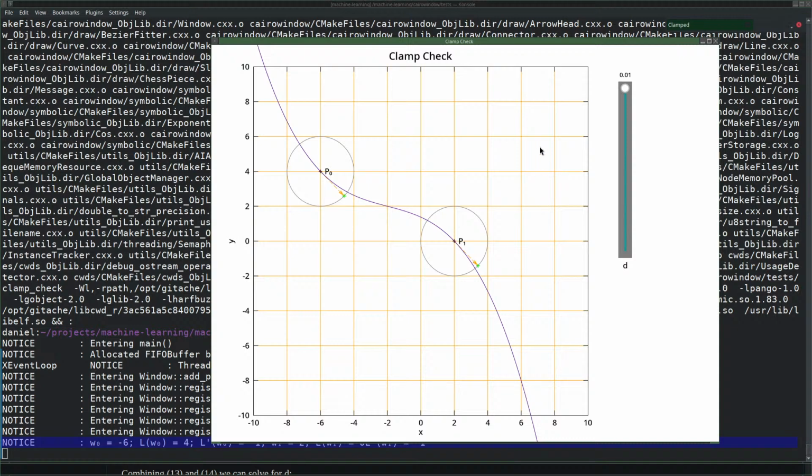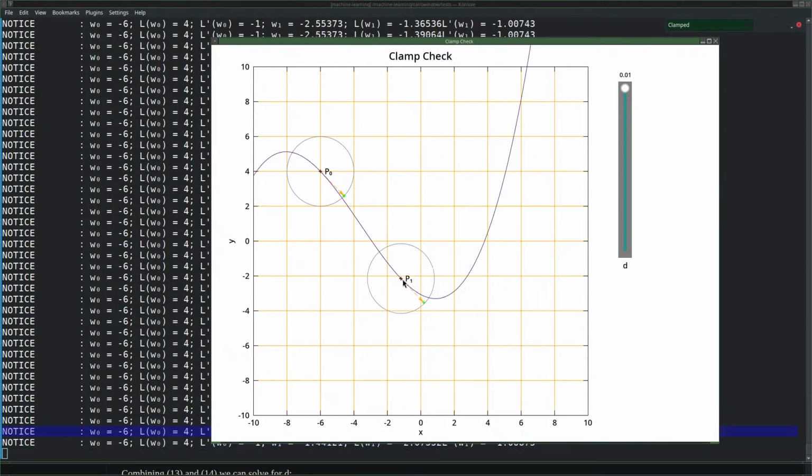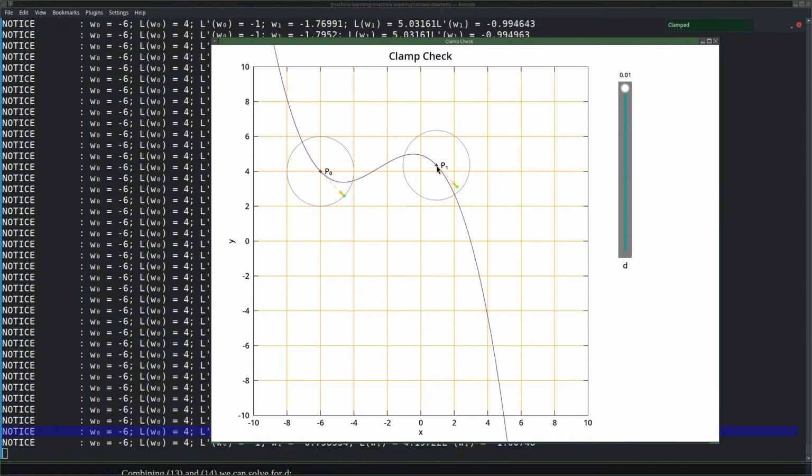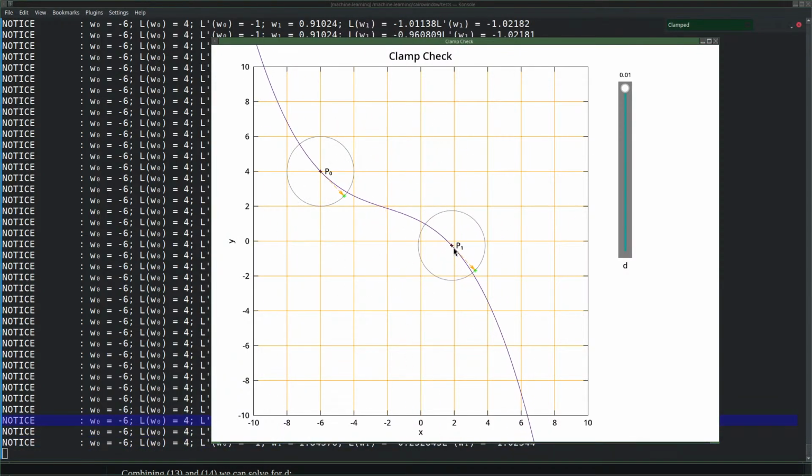Look at that. So now I have a cubic that goes through P0 and P1 and has the correct derivative. The derivative that I have specified here. Oh, very good.